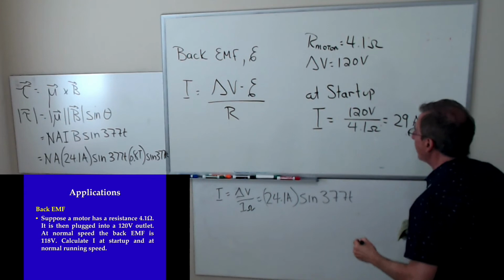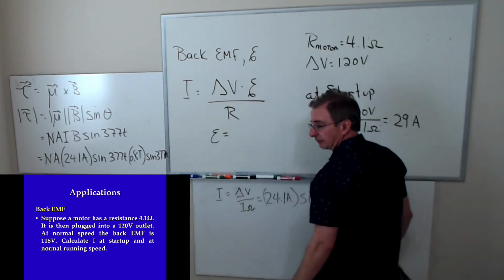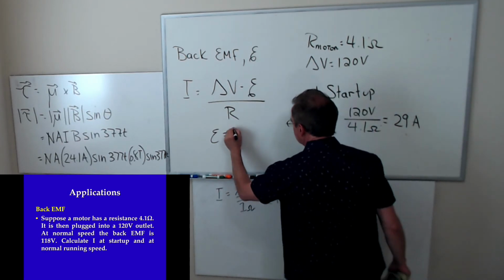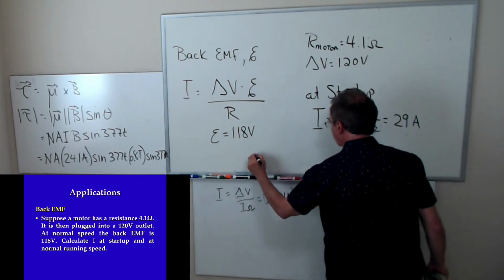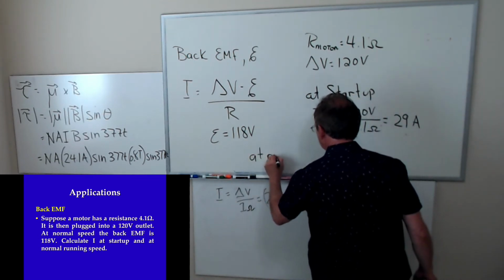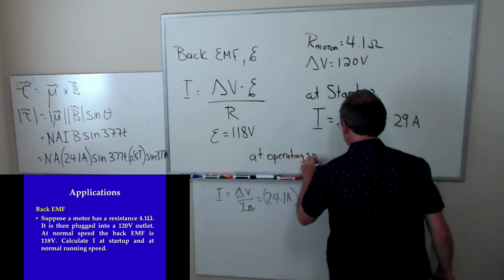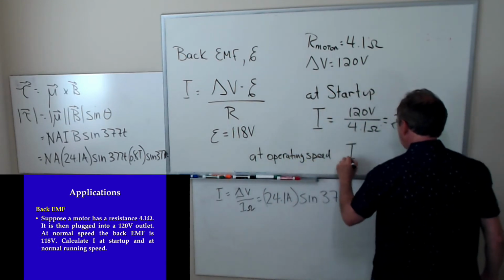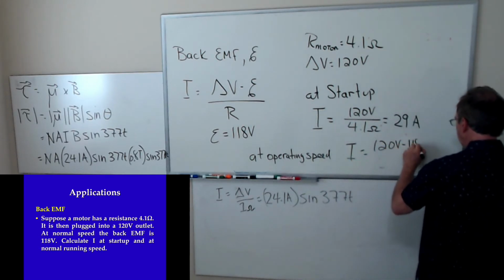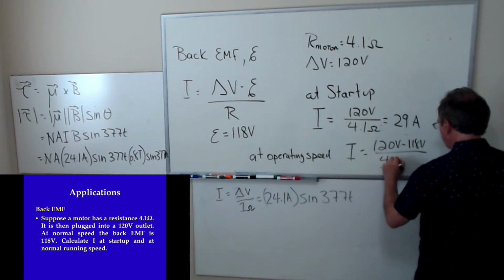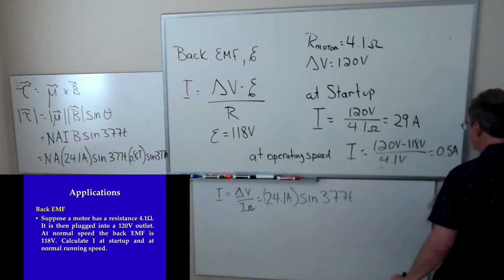When the motor gets up to its maximum operating speed, the induced EMF, or the back EMF, is 118 volts. So now the current at operating speed is about half an amp. That's a huge difference.